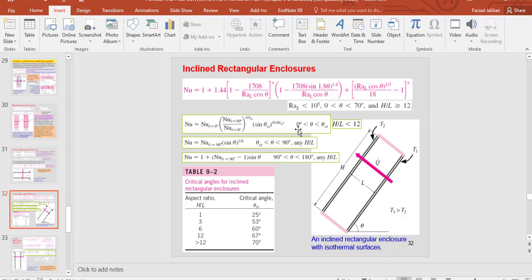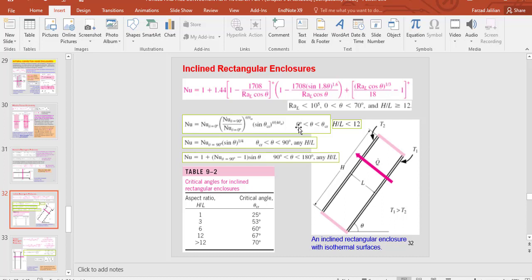You can see here, and for this critical angle we have a different equation to calculate the Nusselt number. For example, if theta is between 0 degrees and theta critical, which can be found in this table, and this theta critical also is dependent on the aspect ratio, then we can use this equation.